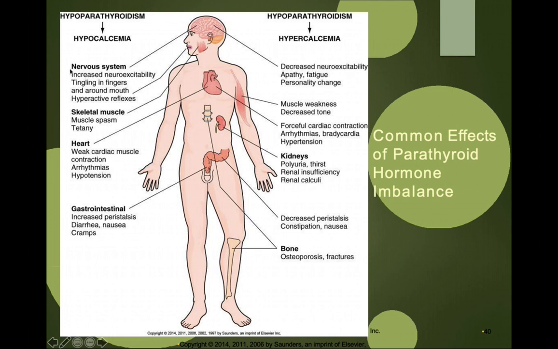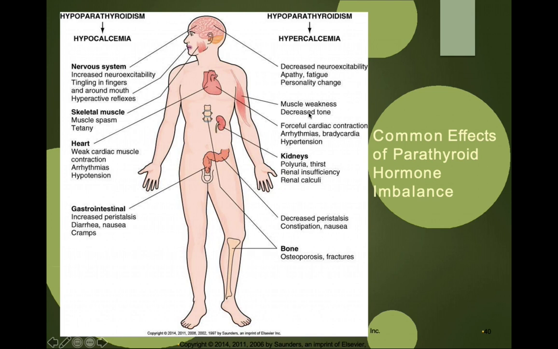When you have hypocalcemia, it's increased neural excitability, tingling of the fingers. You'll have hyperactive reflexes with decreased calcium, hypocalcemia. There'll be muscle spasms, tetany, weak cardiac muscle contraction, arrhythmias, decreased blood pressure, hypotension.